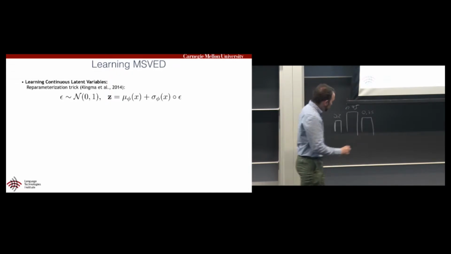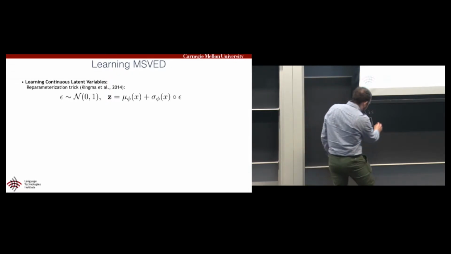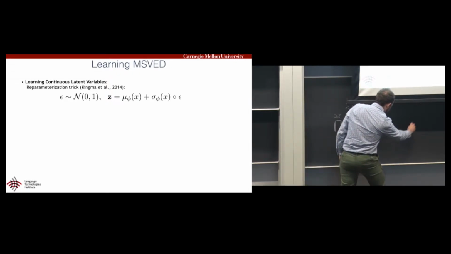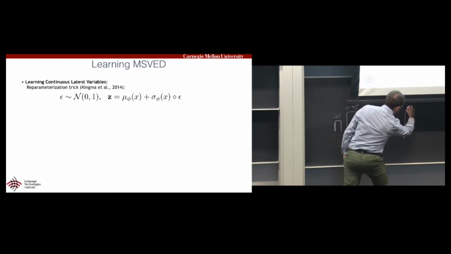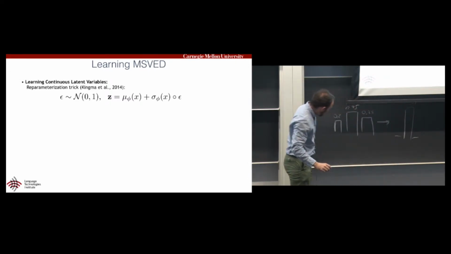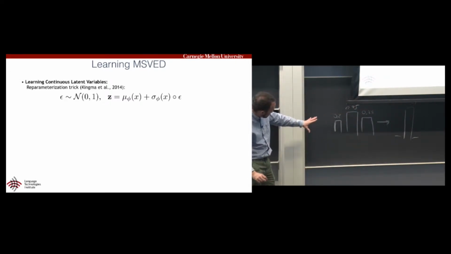And the argmax operation over this distribution, basically what it does is it takes the highest scoring value and it gives it a one-hot vector.